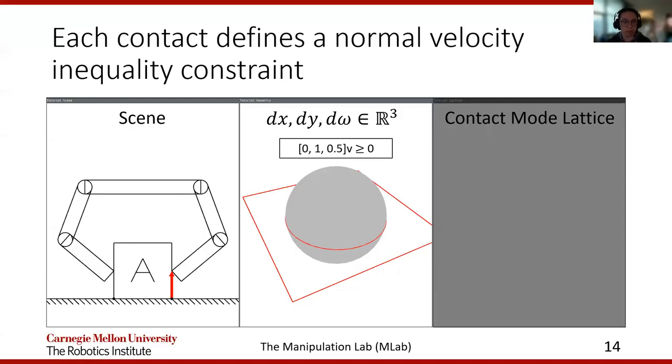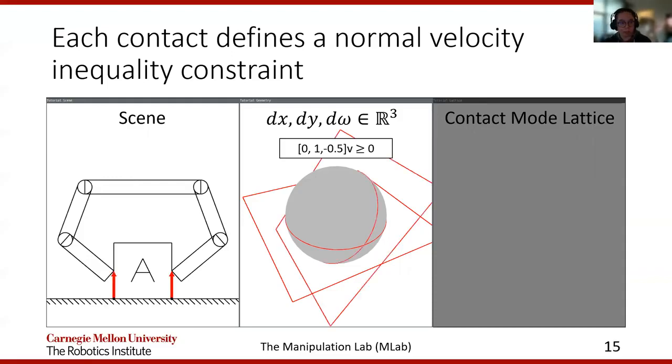It can only be staying on the constraint manifold, which is the ground, or it could be lifting off. And this idea is captured in the object's twist space by a half space. We've shown this half space equation here alongside a visualization of that half space as a hyperplane. The sphere in the center is also for visualization purposes.